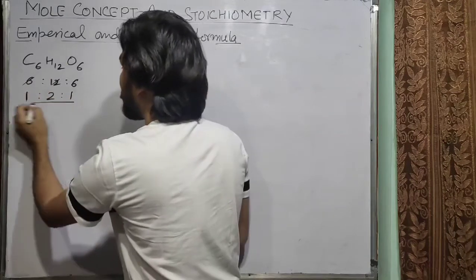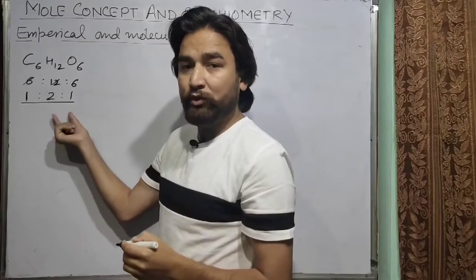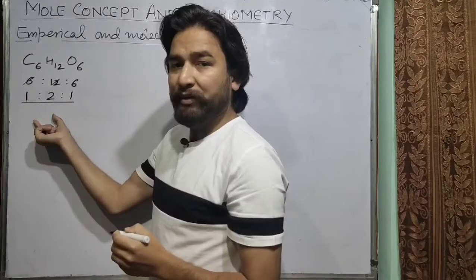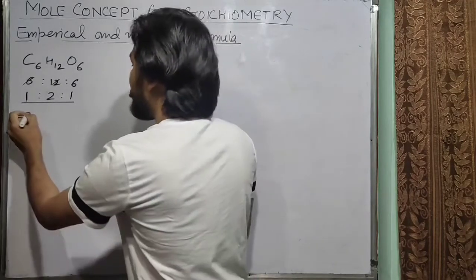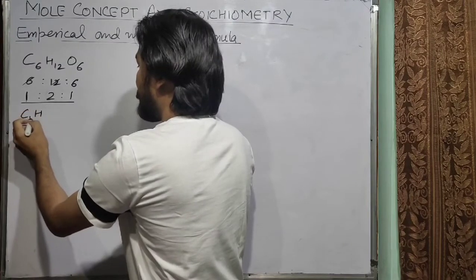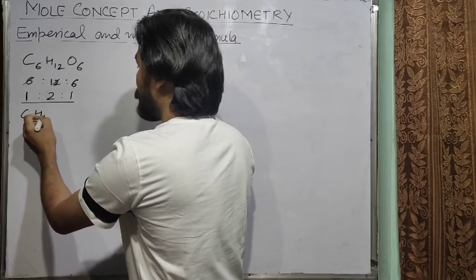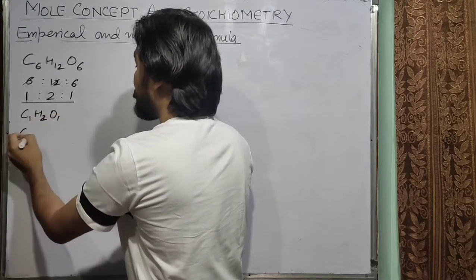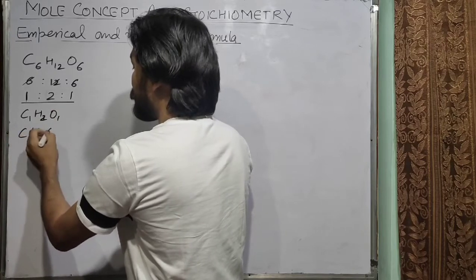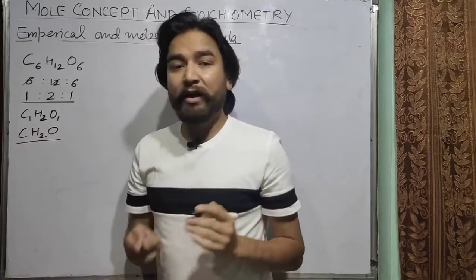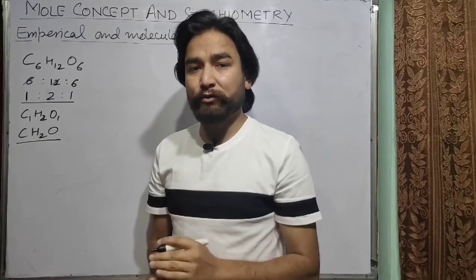So simple whole number ratio is 1:2:1. So what will be the empirical formula of glucose? That will be C1H2O1, or you just can say CH2O. So this is the empirical formula of glucose.